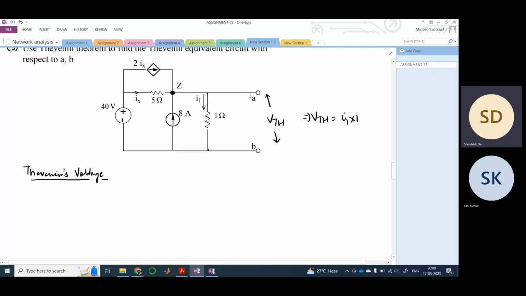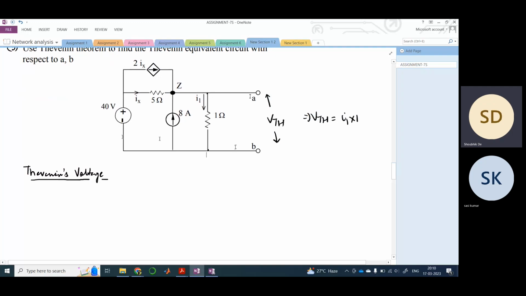So let us first calculate. Let us directly use KCL here, okay? See, in this node here, we don't have any current flowing through it, right?